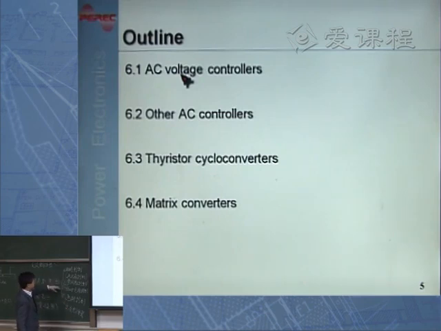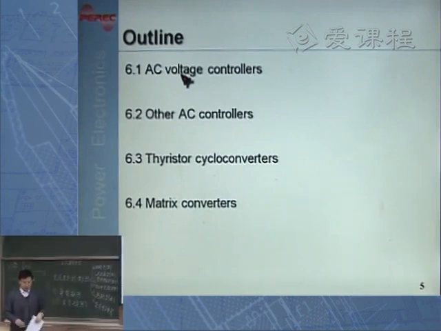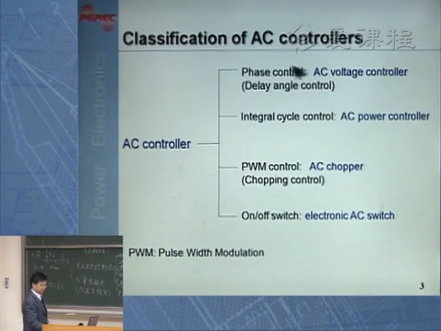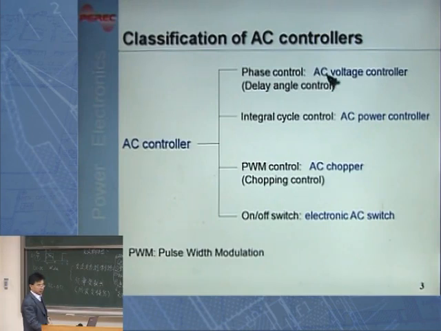But we do also have a special name for AC controllers under phase control and PWM control. For the first and third one, we also have a special name. The first one is also called AC voltage controller. And for the third one, we are using the name AC chopper.